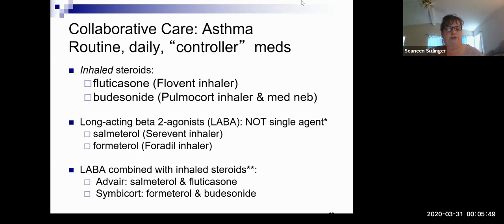Then you can also have, which you guys are probably pretty familiar with, Advair and Symbicort. So these are combined long-acting agents with inhaled steroids. The Advair is salmeterol with fluticasone, and the Symbicort is formoterol with budesonide.